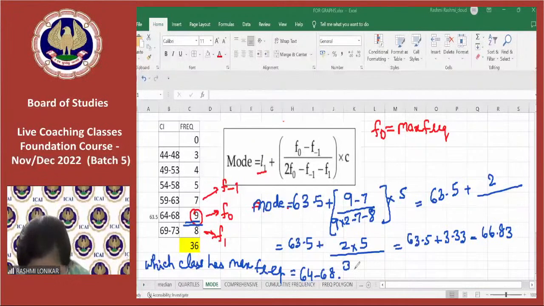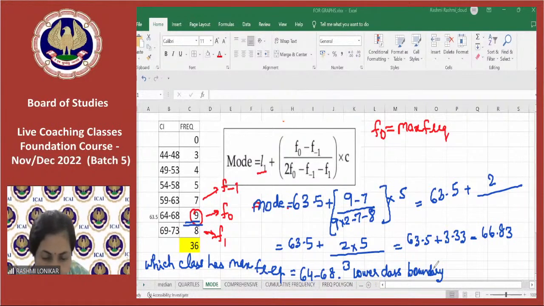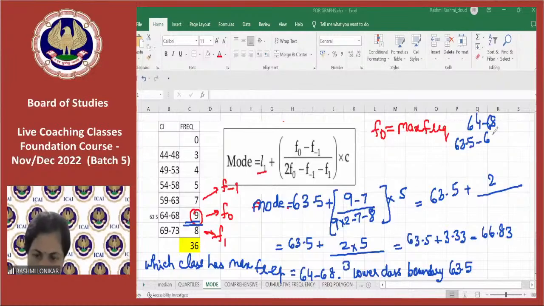Now, what is the lower class boundary of this class? This will be 63.5. Because the class is 64 to 68, if I write in terms of boundaries, this will be 63.5 to 68.5.